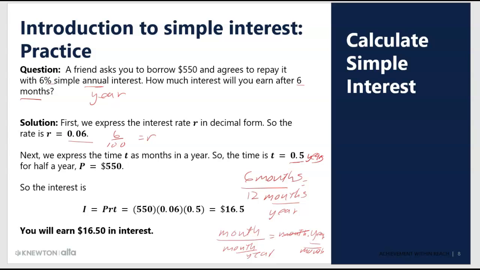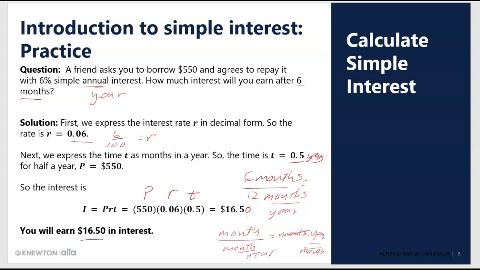So we multiply the 3 numbers. This is the P, this is the R, this is the T adjusted to be in years. We don't use 6 there. We will get a wrong answer. We want half a year, and you get 16.5. It's really $16.50. We're talking dollars and cents. We usually keep that second decimal place to show it was an even 16.50. It wasn't 16.52, because we count out to the hundredths place, to the pennies.